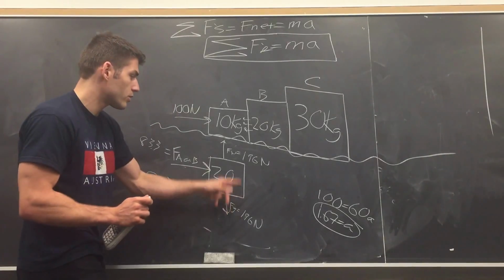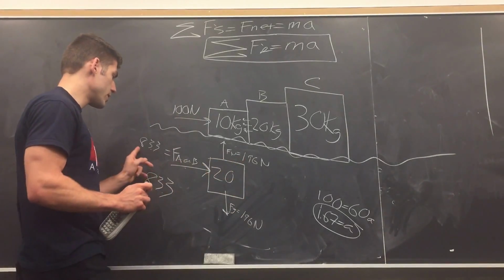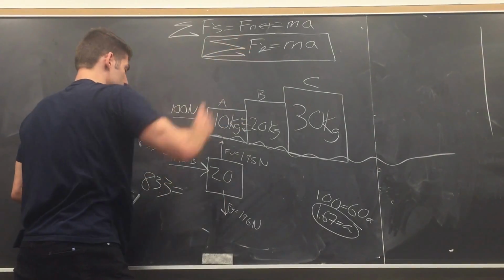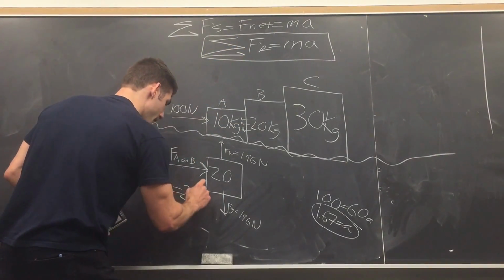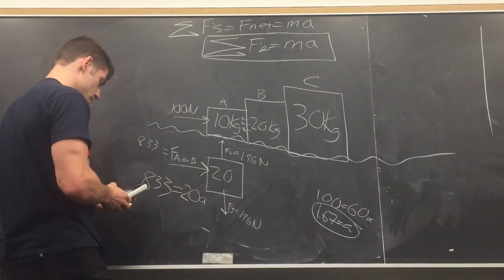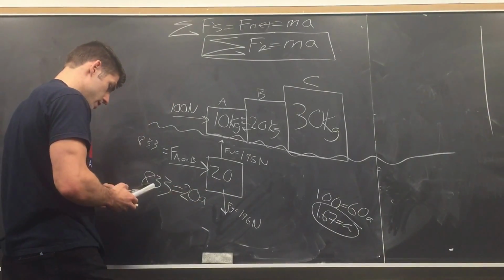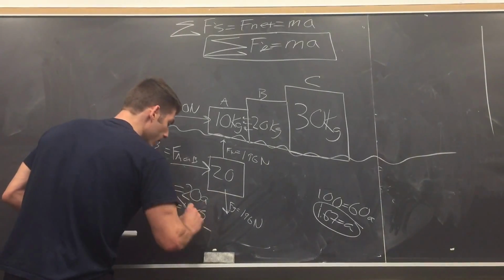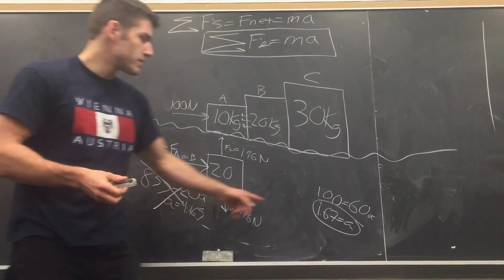We, of course, don't include these because these are y forces, and we don't want to muddle the x with the y's. So 83.3 is the sum of the forces, which is equal to the mass, 20, times the acceleration. 83.3 divided by 20, acceleration is 4.165. That's garbage. That's not the number because that doesn't match this.